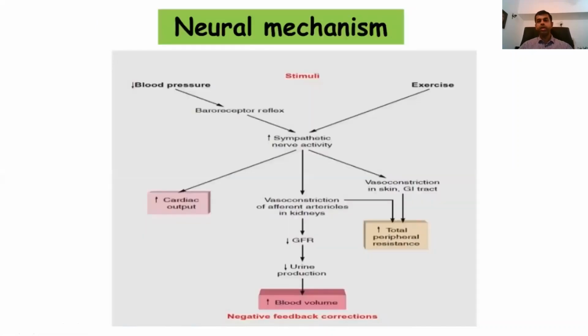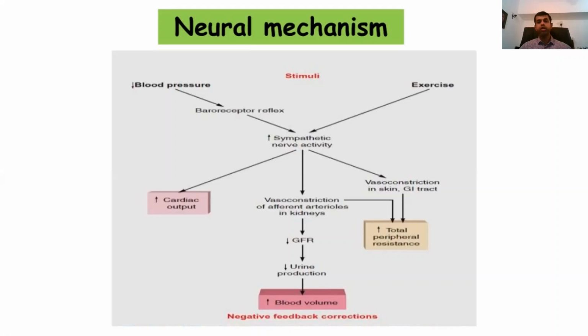If you talk about the extrinsic mechanisms outside the kidney, the neural mechanisms play a major role. For example, if your blood pressure drops and that results in reduced perfusion to the kidney, it stimulates the sympathetic nervous system and results in vasoconstriction of the afferent arterioles, reducing glomerular filtration, thereby trying to keep the blood volume in the body high.